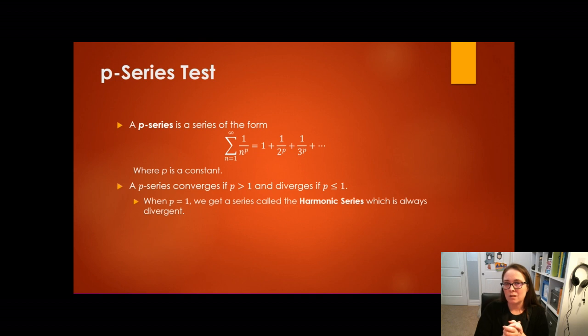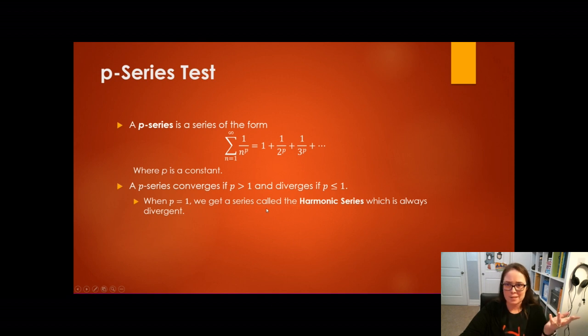Whenever you see a harmonic series, you can just say, oh, well, it's a harmonic series and those always diverge. So end of story there. So it's kind of a shortcut, which is nice when we start getting to tests in the next unit where you're comparing a given series to a known series.